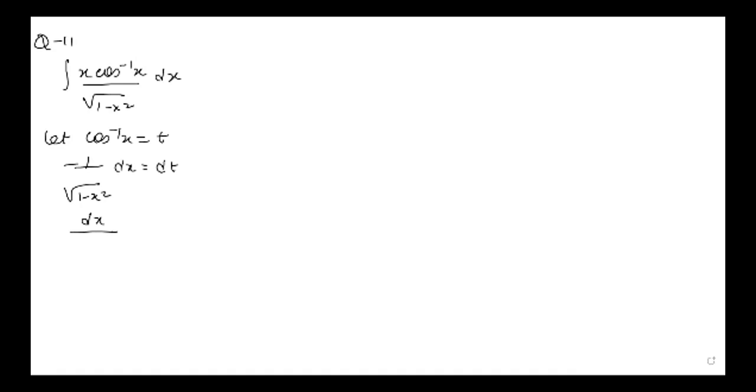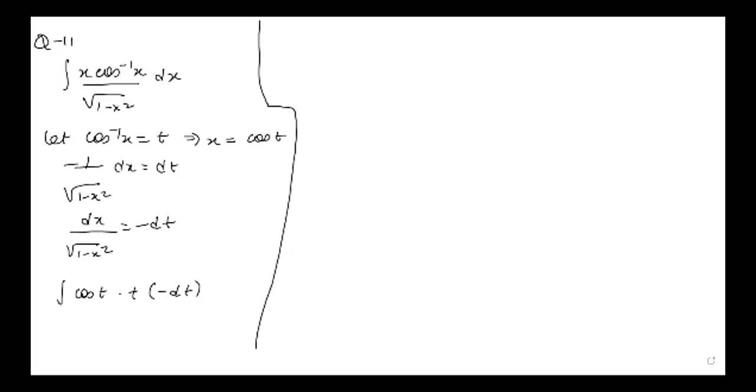So dx upon root 1 minus x square will be my minus dt. Moreover, x will be cos t. So if I substitute this, then x is cos t, cos inverse x is t, whereas dx upon root 1 minus x square is my minus dt.